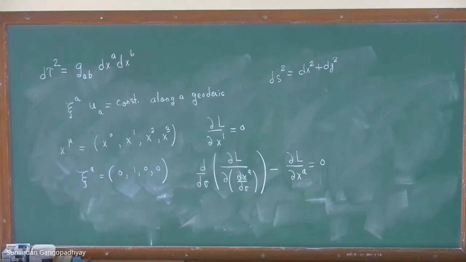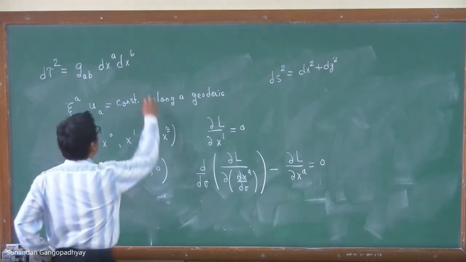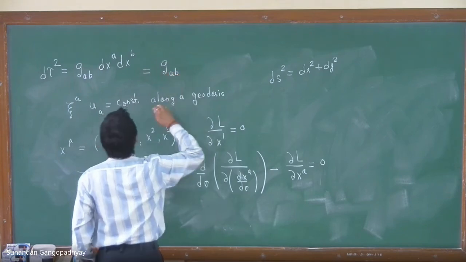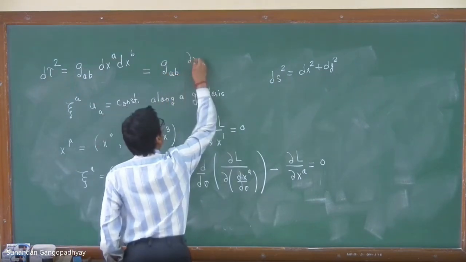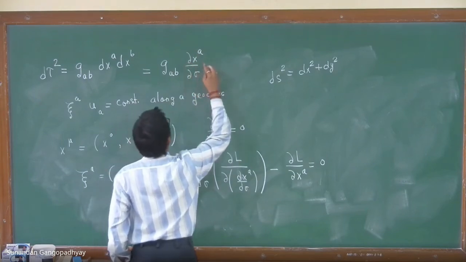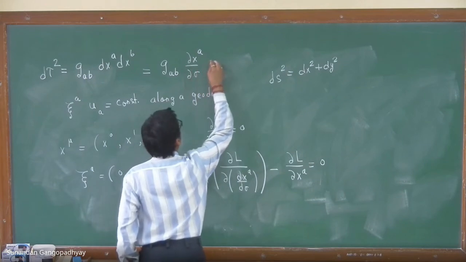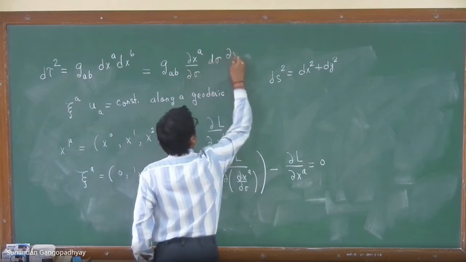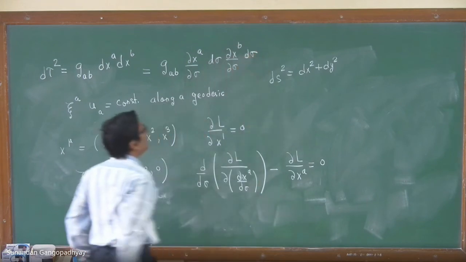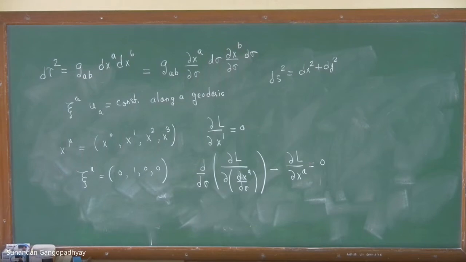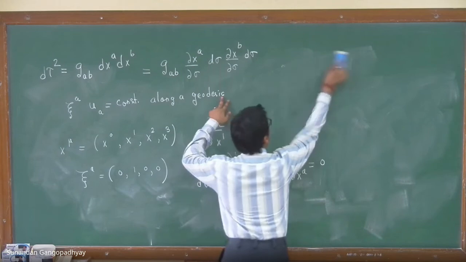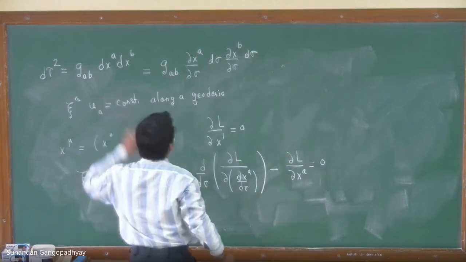Okay. Like this, I showed you in the previous class how to write this as... here. This I did in the last class when I discussed the variational principle.